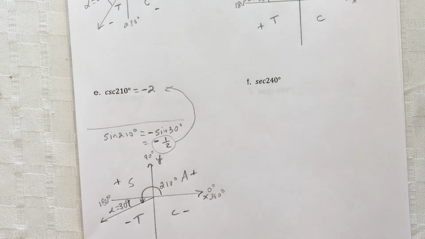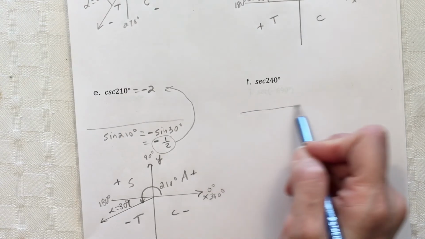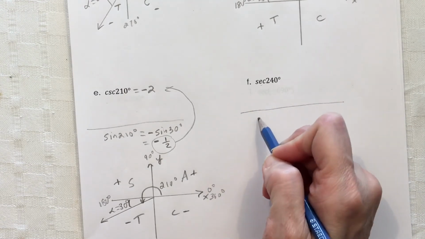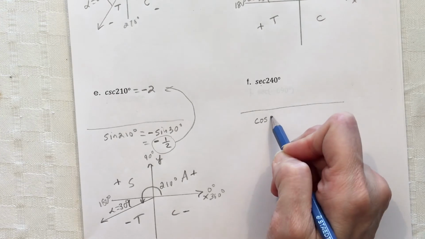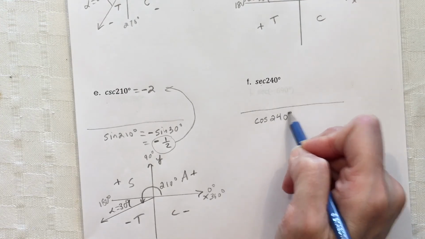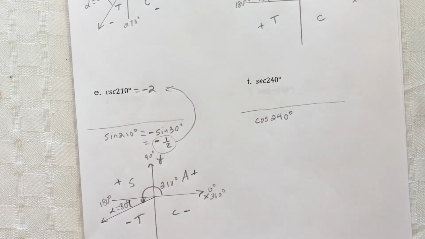All right, the secant of 240. So again, we'll leave some space up here. Now secant's related to cosine. So we're going to find the cosine of 240 and then flip it upside down to get the secant.